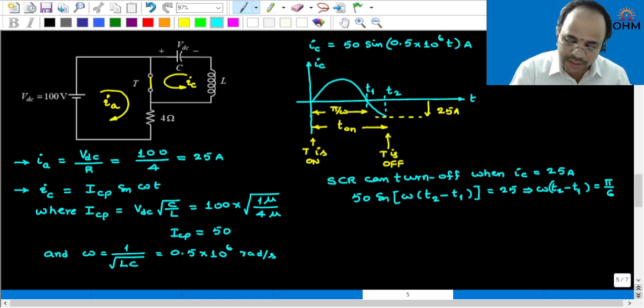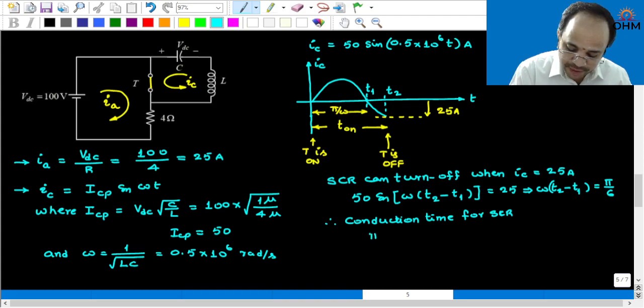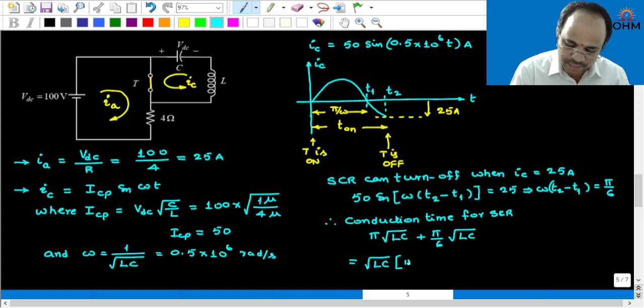Therefore, what is the total conduction time for the SCR? From 0 to T1, that will be pi by omega, or pi into root of LC, plus T1 to T2, which is pi by 6 divided by omega. If I take root of LC common, then it will be root LC into (pi plus pi by 6).